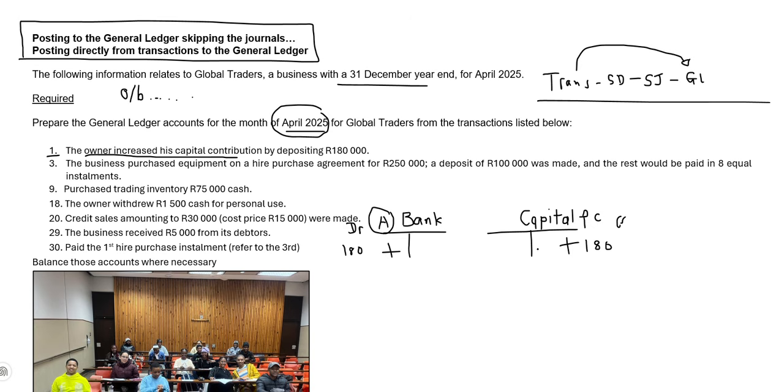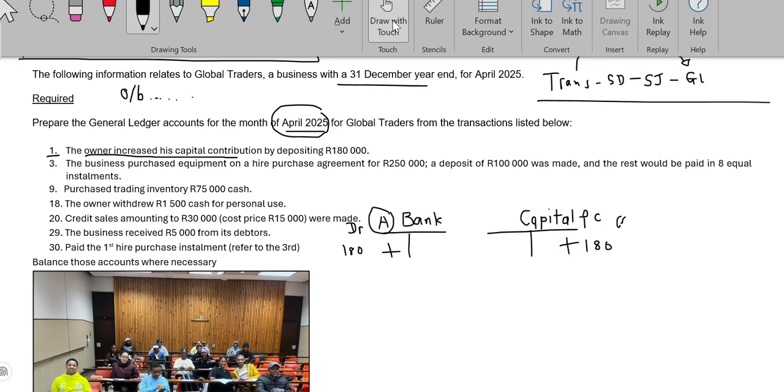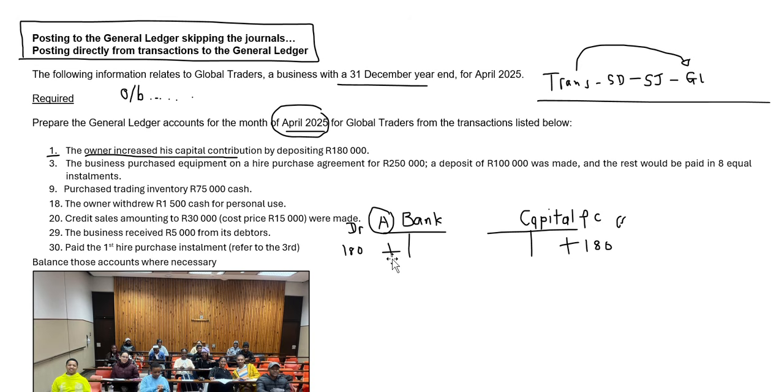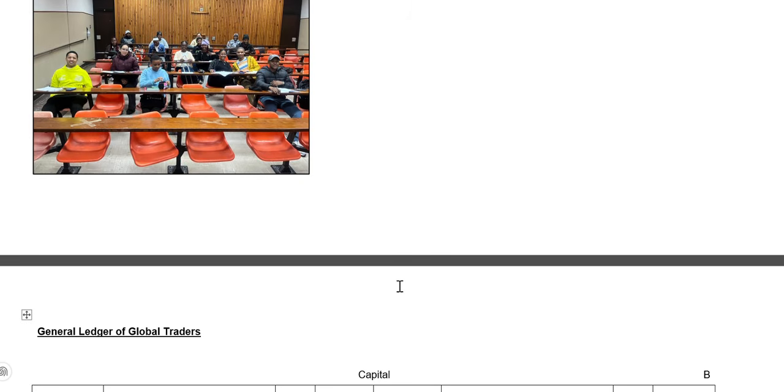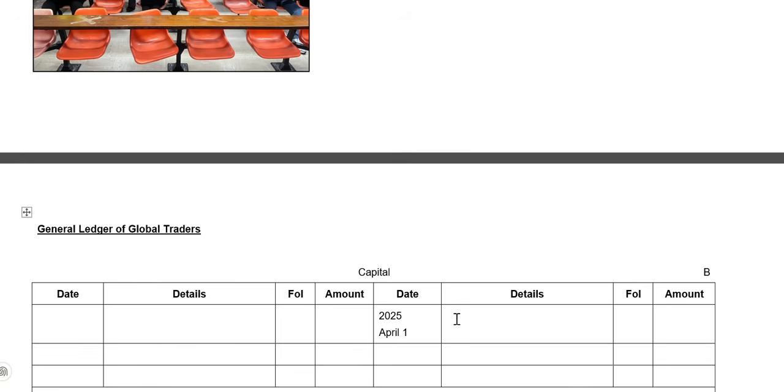The question says, put the information directly into the general ledger accounts. We debited bank and we credited capital according to the accounting rules. This transaction took place on the 1st. Put the information into the general ledger accounts.